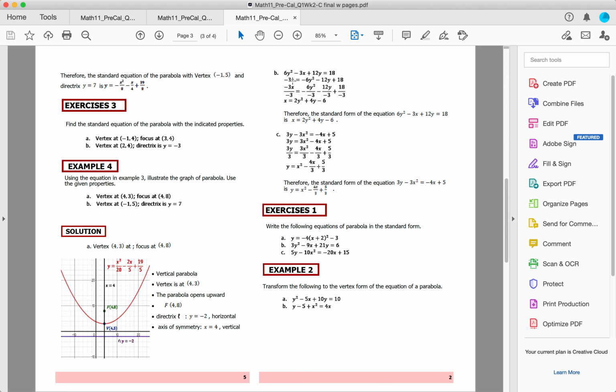So we have to get rid of the coefficient of -3, and then transpose 6y squared to the other side, and 12y also, leaving 3x on the left side, and then getting rid of this by dividing all by 3 to get the standard form.